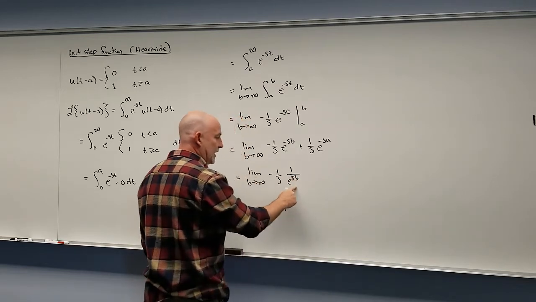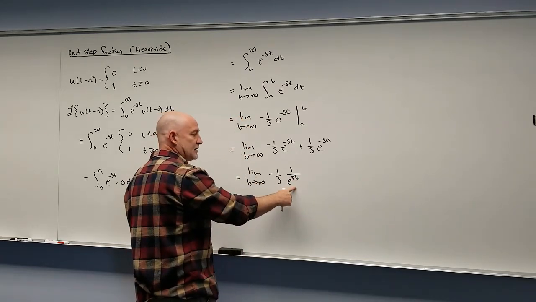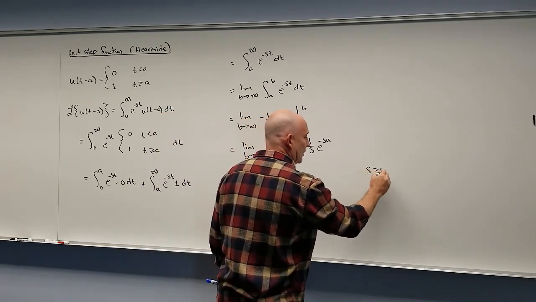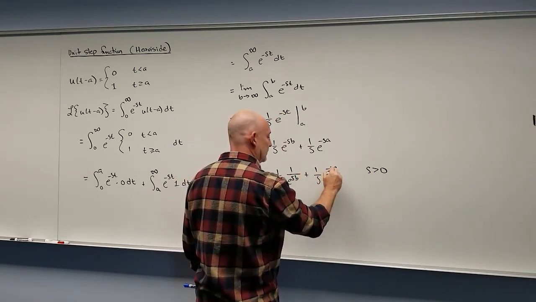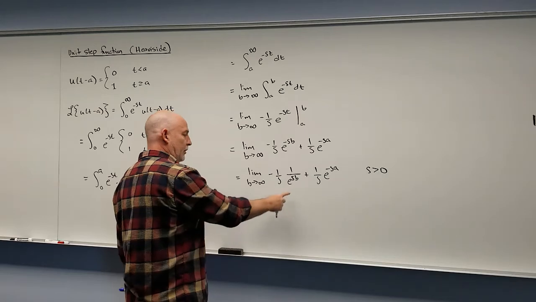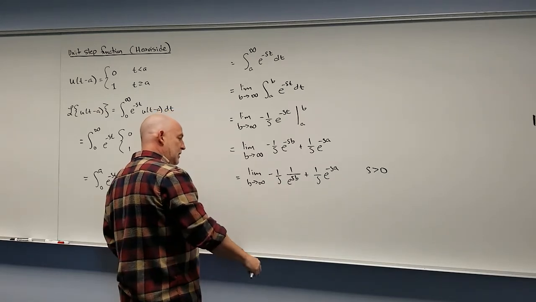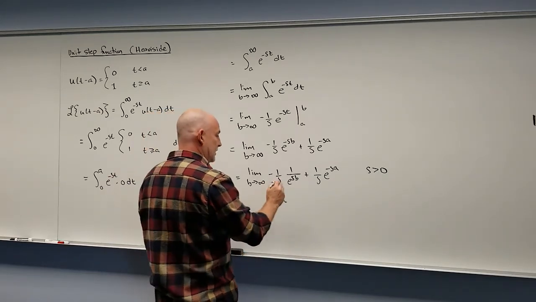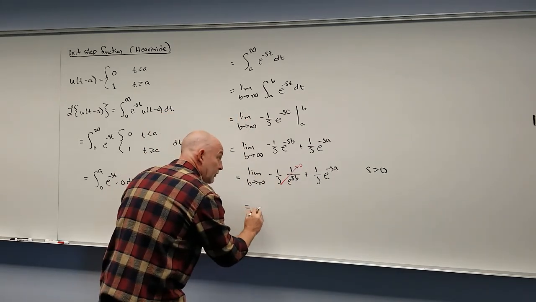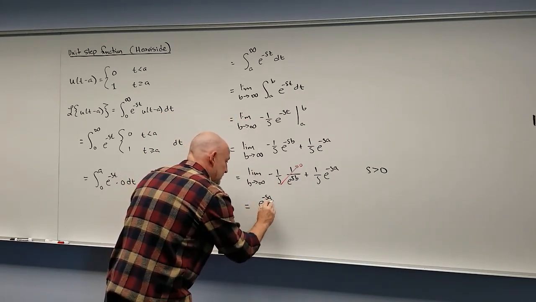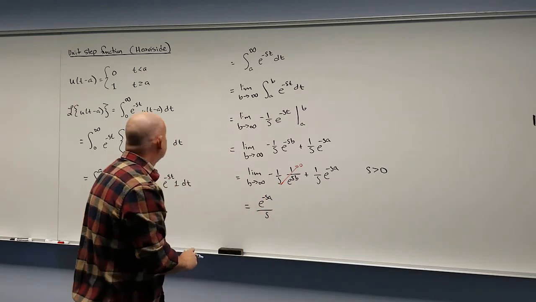Now the only way that it actually ends up there is if s is greater than 0. So as long as s is greater than 0, that's what happens. Now as long as that's in the denominator and b goes to infinity, this goes to 0, and we end up with e to the negative sa all over s.